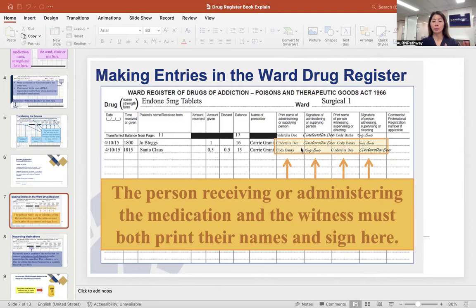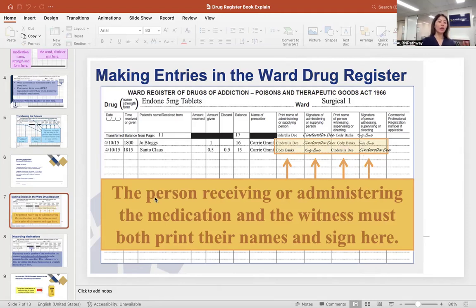If you're the administering person, say I'm looking after this patient, you're the one who will write down here. Whoever the checking nurse is, they're the one who needs to document here. I hope that's nice and clear.